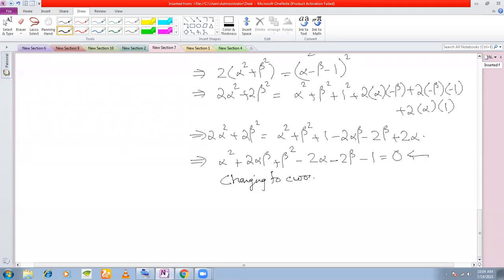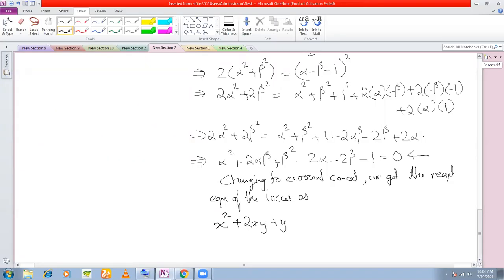Changing to current coordinates, we get the required equation of the locus: change alpha to x, change beta to y. Minus 1 is equal to 0. This is the equation of the locus.